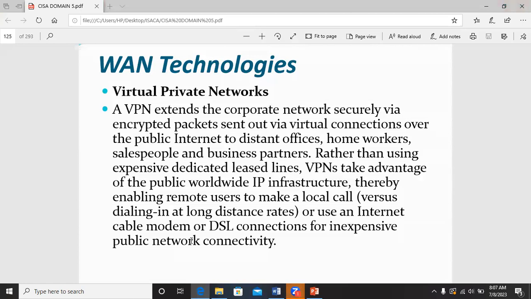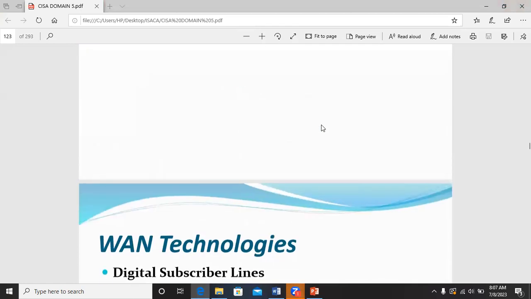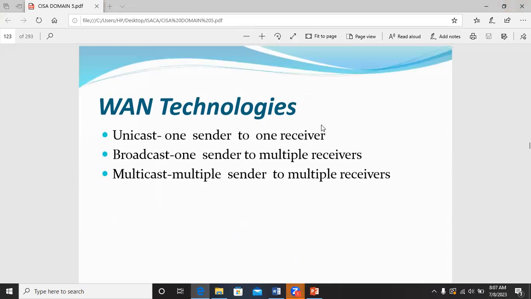What's an example of multicast? Sometimes, there are some television stations that have radio stations. So I'm looking at that as maybe an example of multicast.